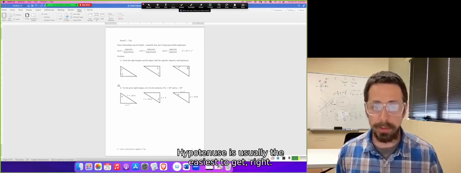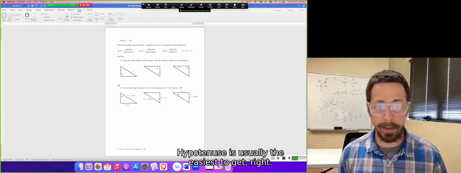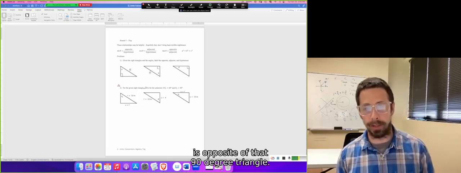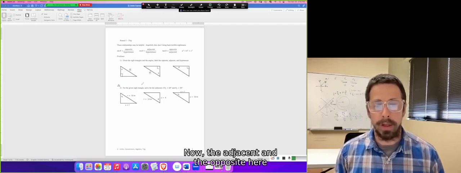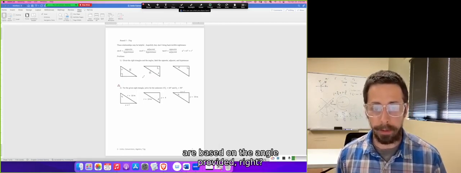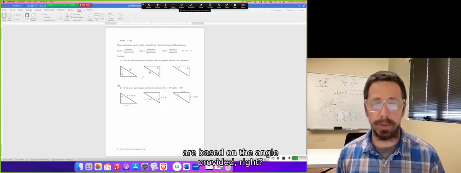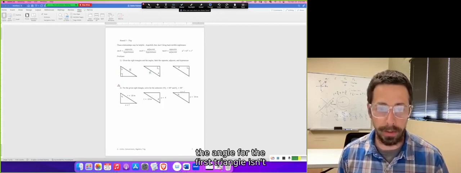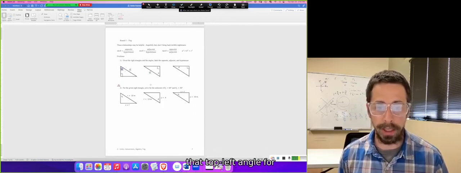The hypotenuse is usually the easiest to get, right? The hypotenuse is always the one that is opposite of that 90-degree angle. Now, the adjacent and the opposite here are based on the angle provided, right? So we can see here that the angle for the first triangle is in that top left.